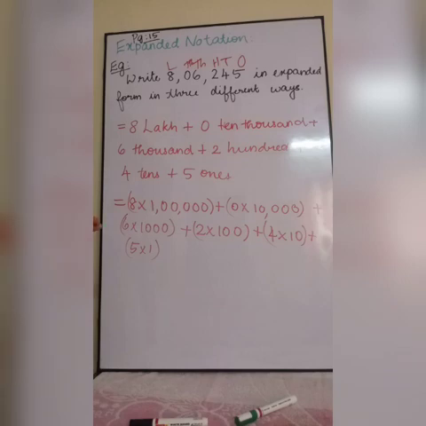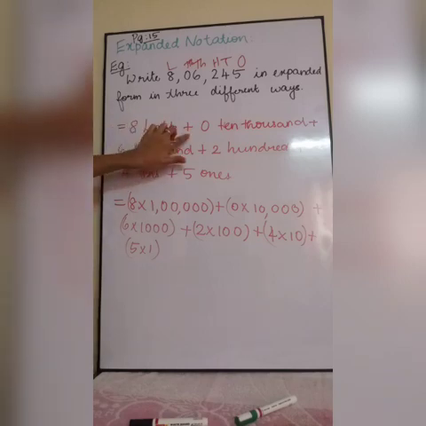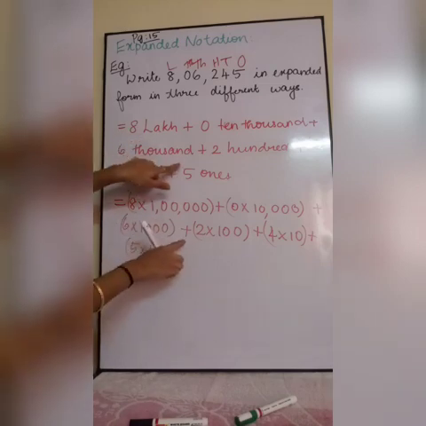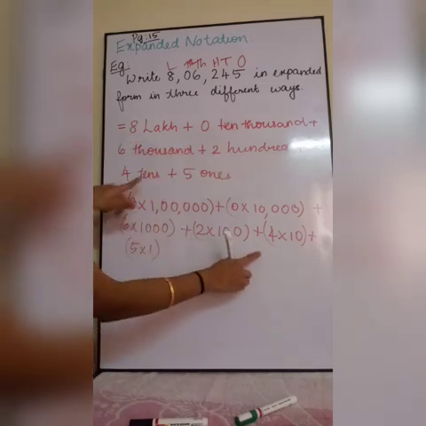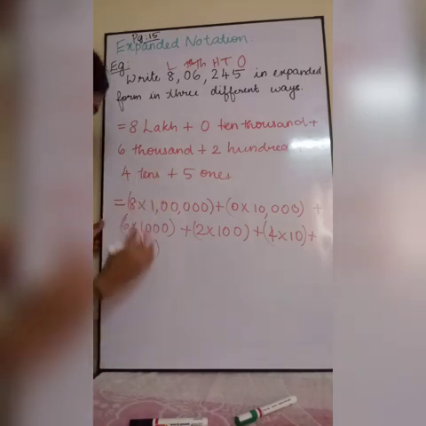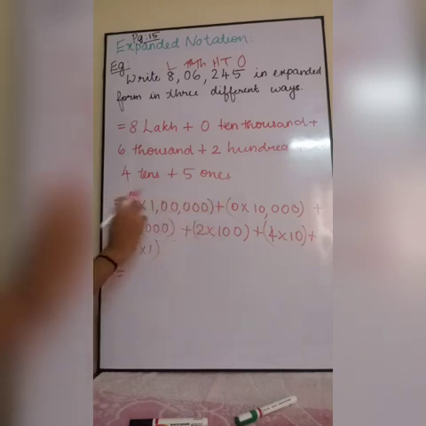So this is how I have written: 8 into 1 lakh plus 0 into 10,000 plus 6 into 1,000 plus 2 into 100 plus 4 into 10 plus 5 into 1. Okay? And next thing, how do you write? Instead of writing this separately, I am writing it together.